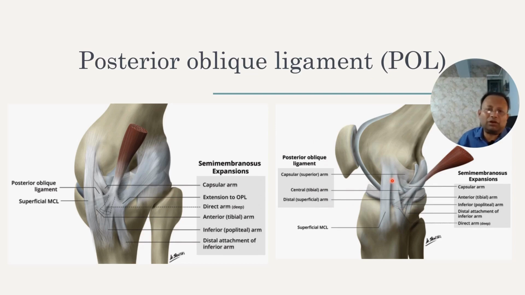Of course, we will not be able to see all the ligaments separately under ultrasound, but we should know that there are too many ligament complexes in these areas, and injury to this ligament complex gives a continuous nagging, chronic pain to the patient.